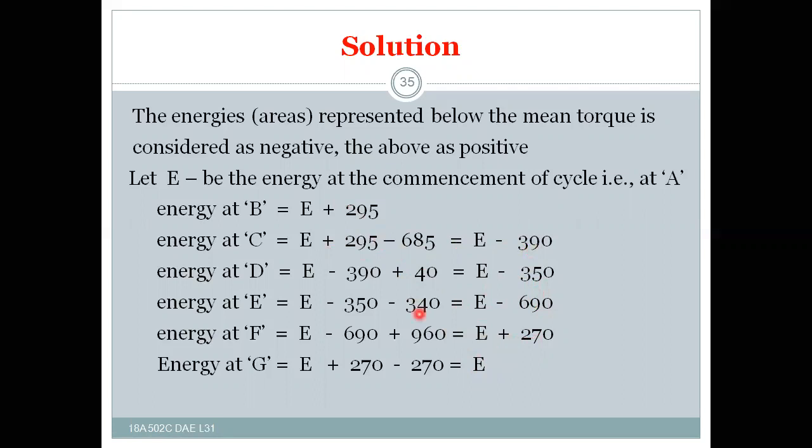That is, at point B, energy is the highest value, that is E plus 295, whereas energy at point E is equal to E minus 690. This is the minimum energy, whereas this is the maximum energy. If you take the difference of the energy at B minus energy at E, then you will get your fluctuation of energy. Let us see.